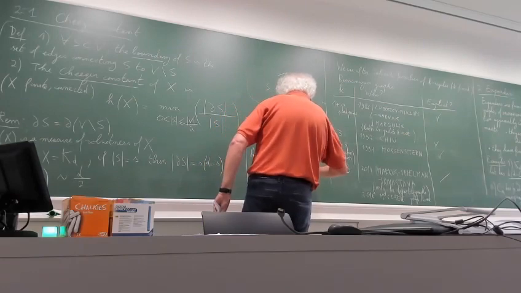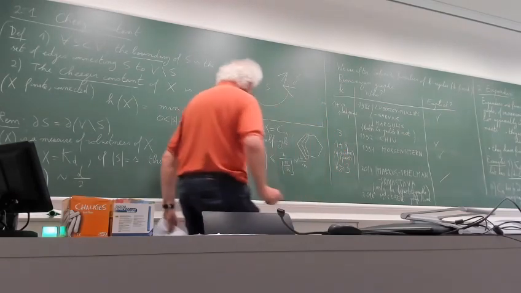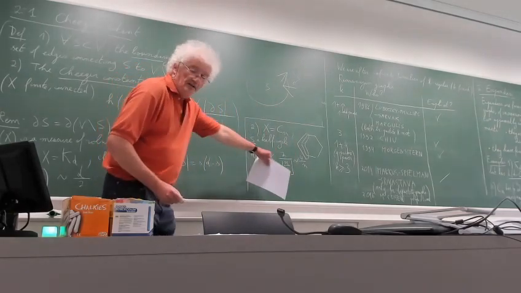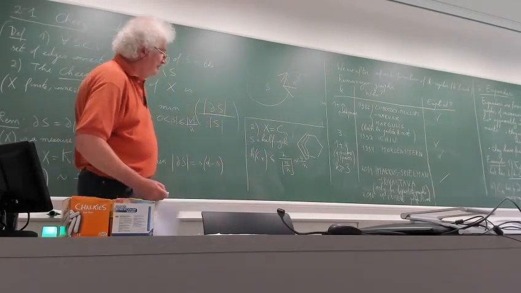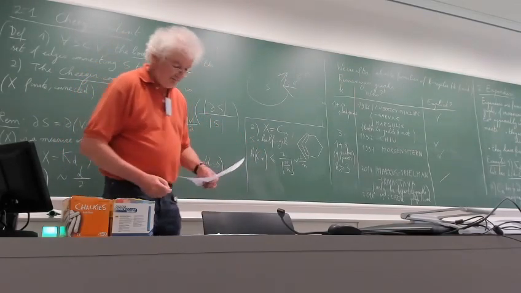And so we see that that will be approximately 4 over n. So this goes to 0 for n going to infinity, for n becoming large.